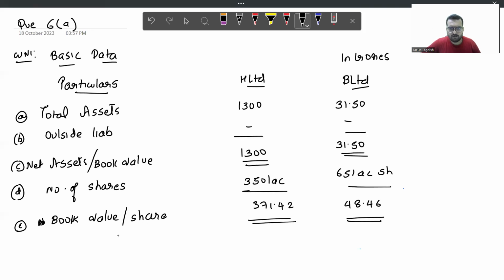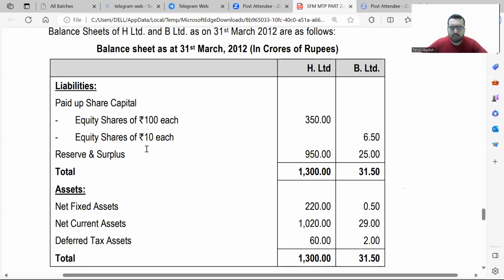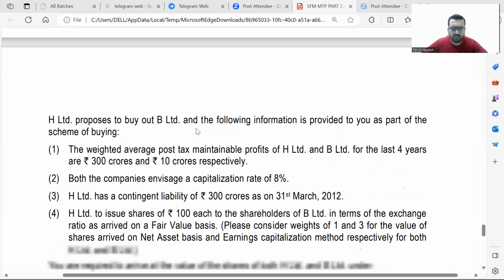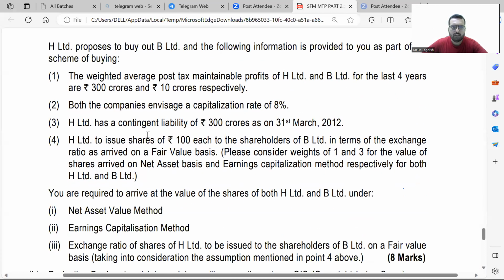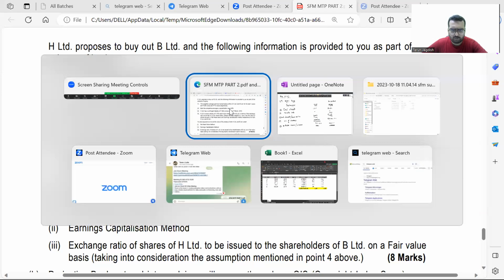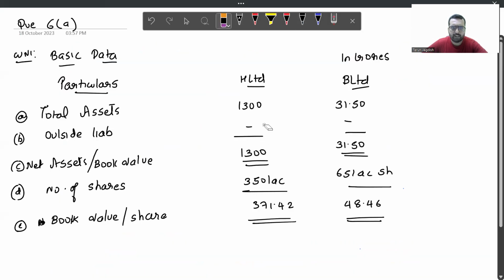48.46. Hold on. Have I missed out on the contingent liability part? I think I didn't read the full question. Proposes to buy out, the profit is given, company's capitalization rate is 8%. Okay, there is a contingent liability of 300 crores. So I need to reduce that. Thank you for correcting me there. That's for H, right?